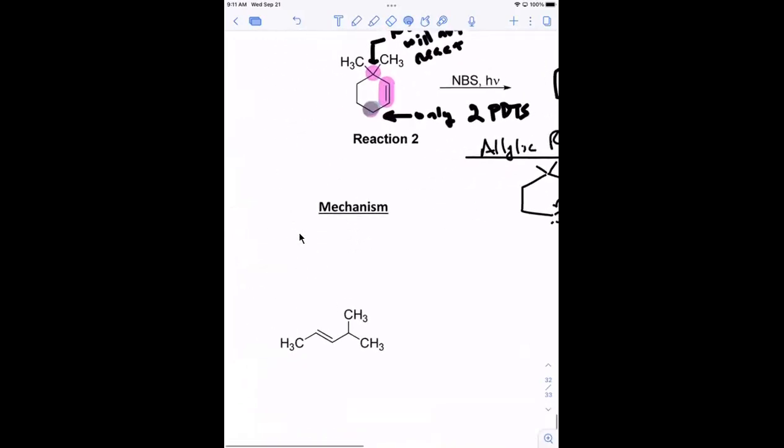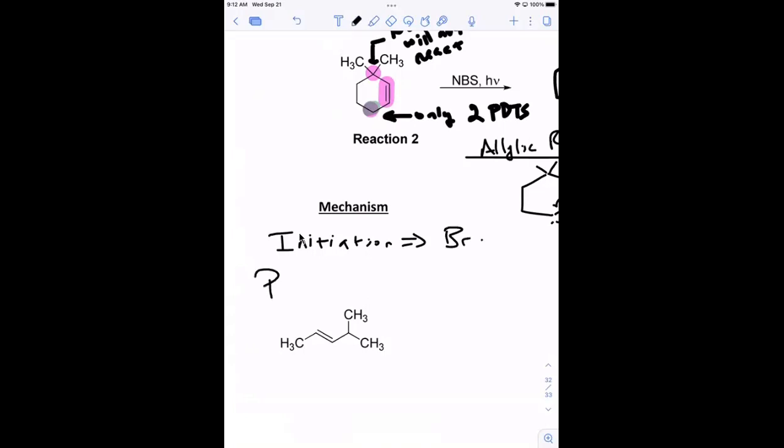But in the initiation step, what happens? The radicals form. Yes, a reactive bromine radical.